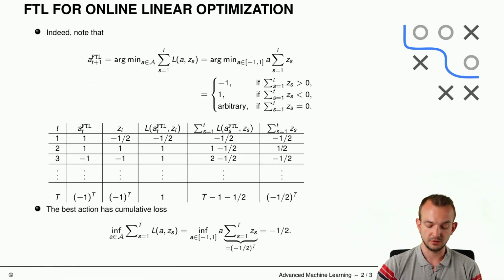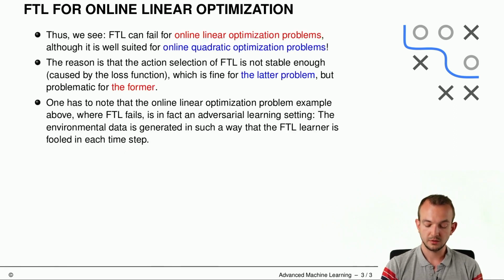This is also how the example was constructed, that the environmental data points are jumping from one extreme to the other, which is not always the case in the real world, that you have this kind of variation. So it might be the case that the follow the leader algorithm in practical application performs quite well for this task of online linear optimization problems, but theoretically, as we just saw, there is a flaw, so it can have a linear regret, which is something we want to avoid.